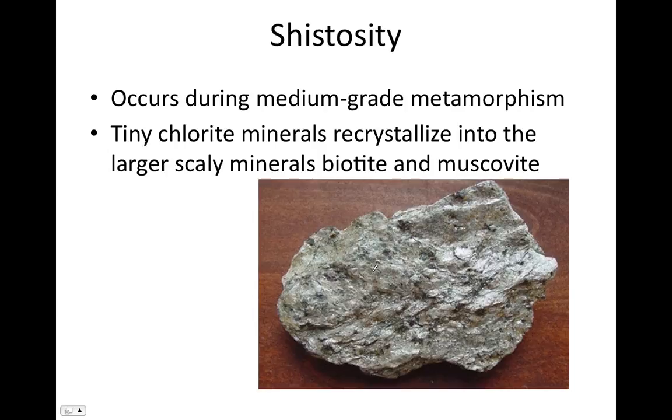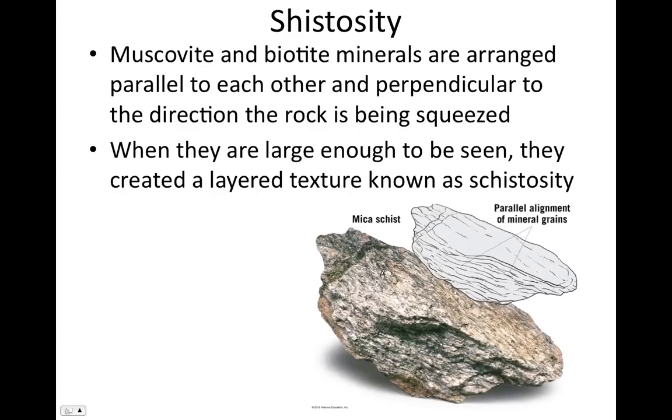These chlorite minerals eventually break down and form nothing but the micas, biotite and muscovite. And these micas grow to large sizes, to the point where you can visibly see them. So in a schist, the muscovite and biotite minerals are arranged parallel to one another and perpendicular to the direction that the rock was squeezed. And so they are large enough to be seen.